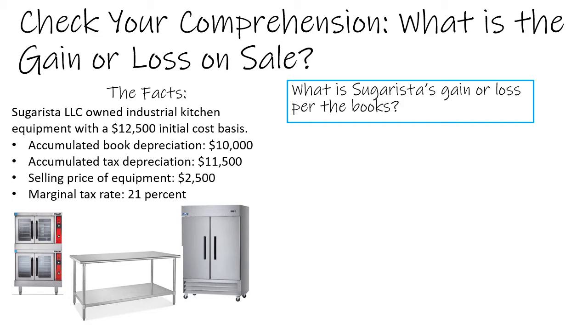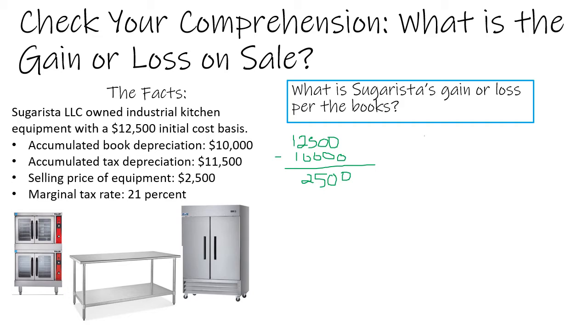So let's look first at the book purposes, the amount realized per the books. She sells the assets that have a value of $12,500, and they have a book depreciation of $10,000. Which means that the carrying price of the asset is $2,500.